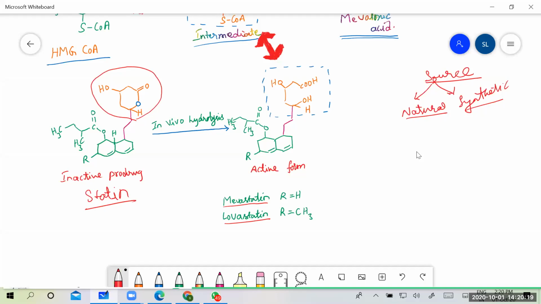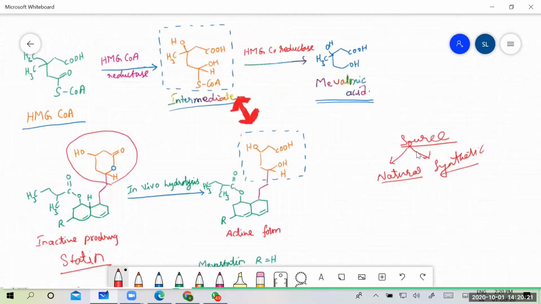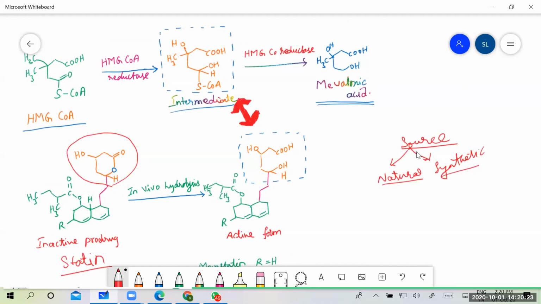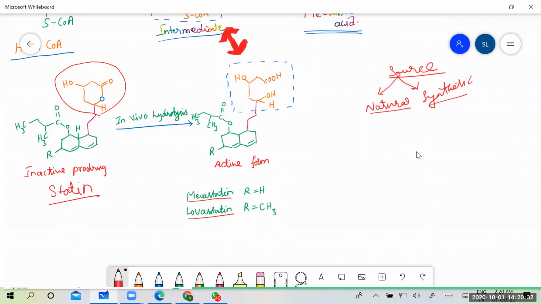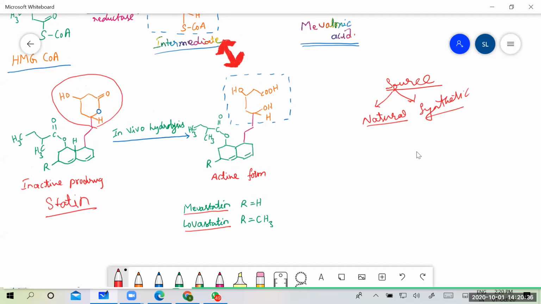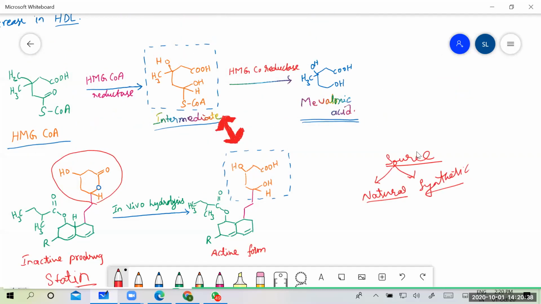Now, if you look into the structure of the intermediate in the conversion of HMG-CoA to mevalonic acid, and the hydrolyzed lactone ring, they have structural similarity to each other.